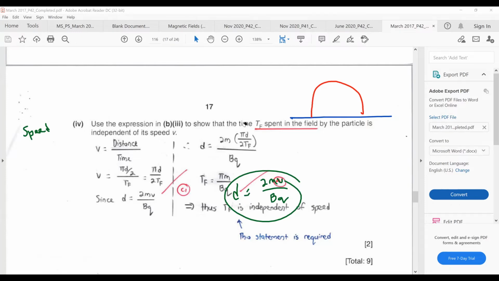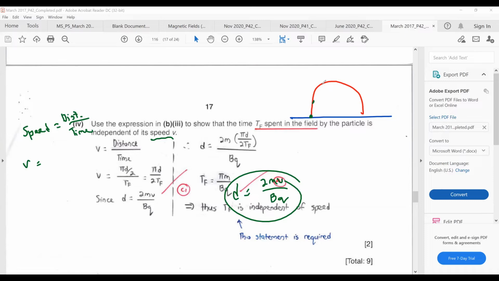Then they want you to relate to the fact that the time spent in the field is independent of speed v. So you can just think of it as this first. The speed v here is something you want to start with. You can just say that speed is distance over time, so the speed here could just be your v, the velocity with which your particle is moving.